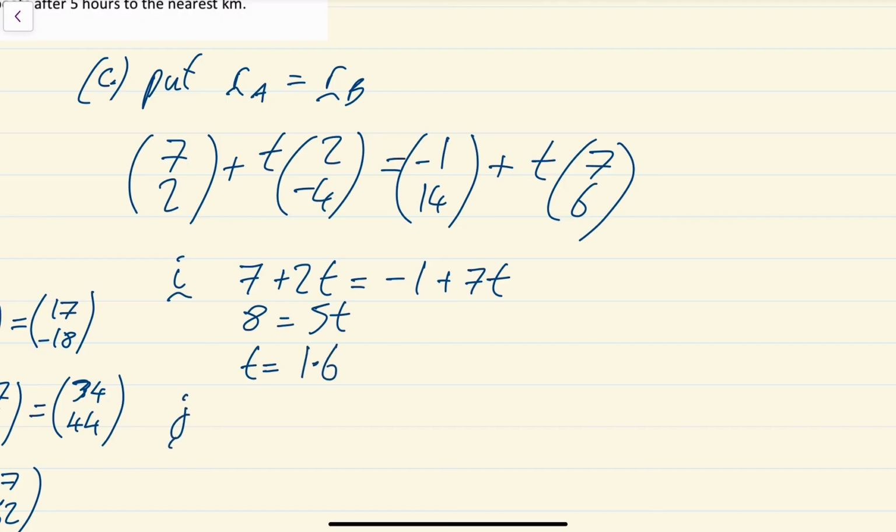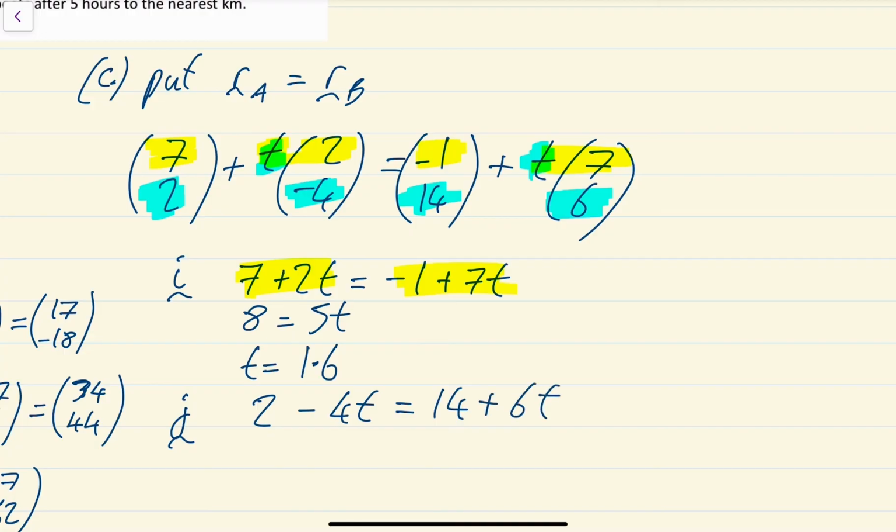Now we'll do the j's. Looking at the j's on the left-hand side, that's what I'm talking about. There are all my i's there, and that's where that first equation comes from. And my j's, and remember the t is included in that as well, that's where this is going to come from. So 2 minus 4t is equal to 14 plus 6t.